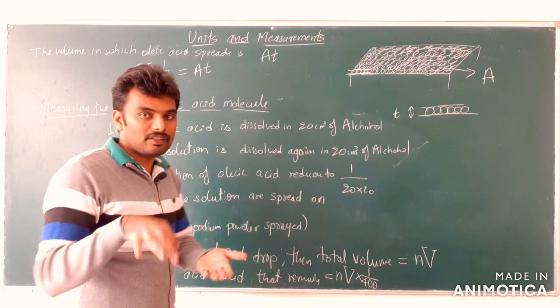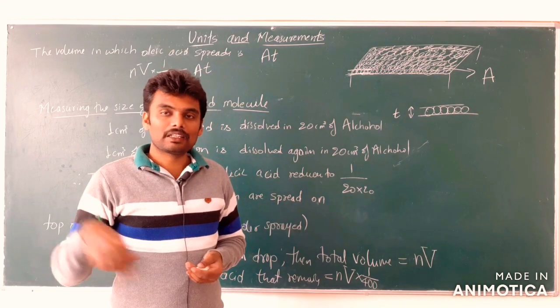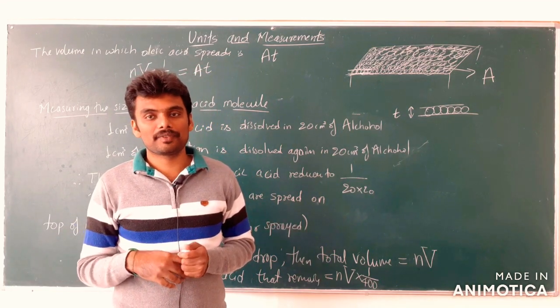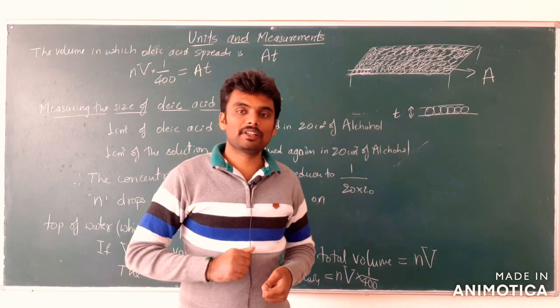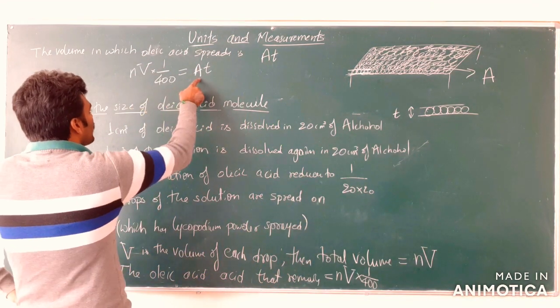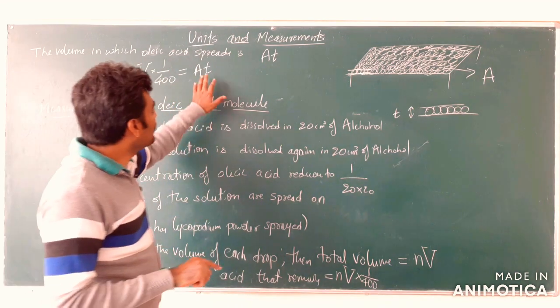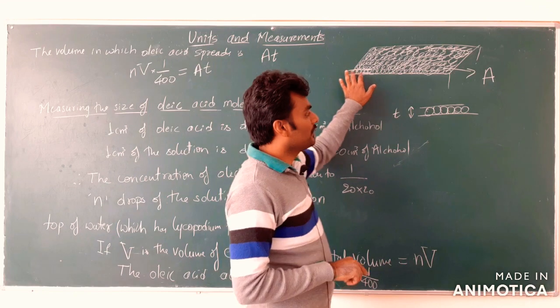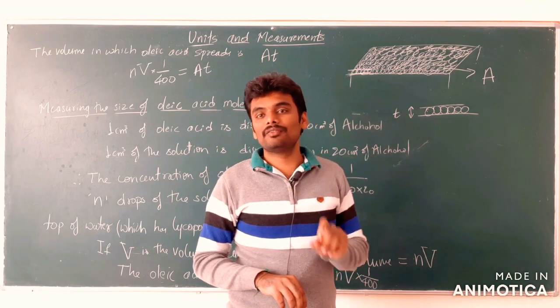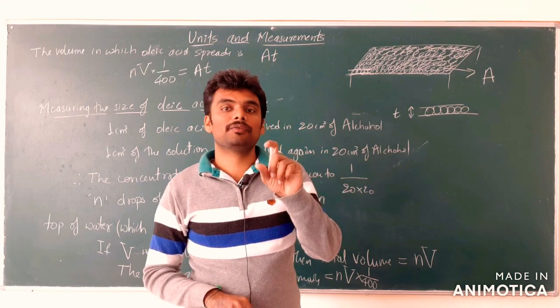Area is also easy to measure. Whatever the container that we have, we can get the area of the container easily, isn't it? Length into breadth will give me the area. So NV into 1/400 is equal to AT. What we actually need is this T itself. This T itself is the thickness of each molecule.